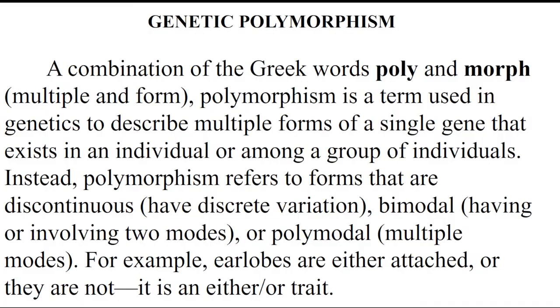Polymorphism refers to forms which are discontinuous. It can be bimodal or polymodal. For example, ear lobes are attached or not attached. So it is an alternative trait.